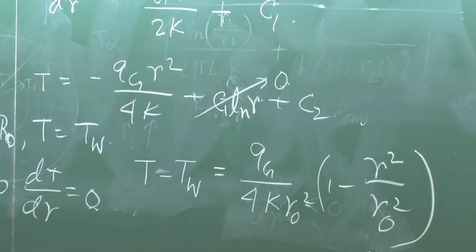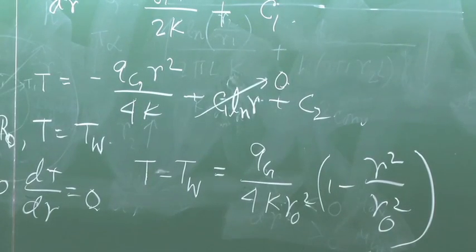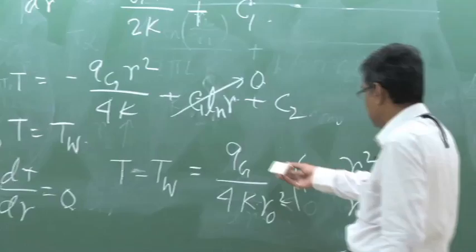Am I correct? C2 is TW plus Qg R0 square by 4k, are not? It will be in the numerator.